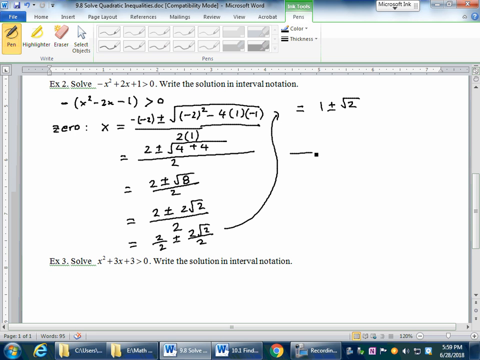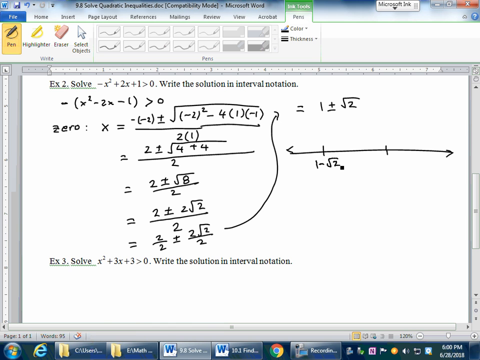So using this, I'm going to break it into two cases. 1 minus square root of 2. Using your calculator, that should give you an approximate decimal number.